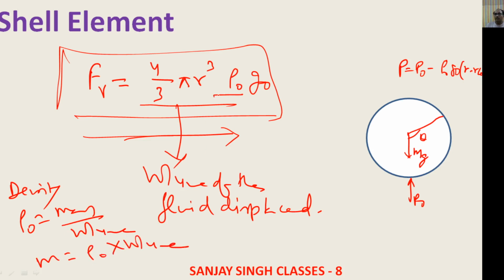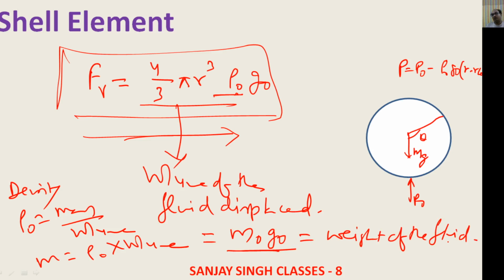So this volume into rho 0 gives us the mass of the fluid displaced. With g0, we get the weight of the fluid displaced, which we can write as WF, weight of the fluid, and the weight of the shell is mg.